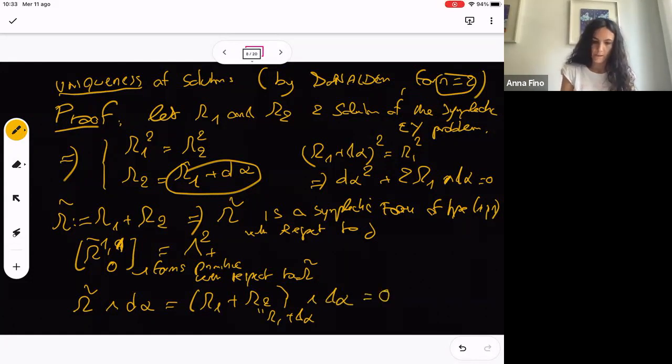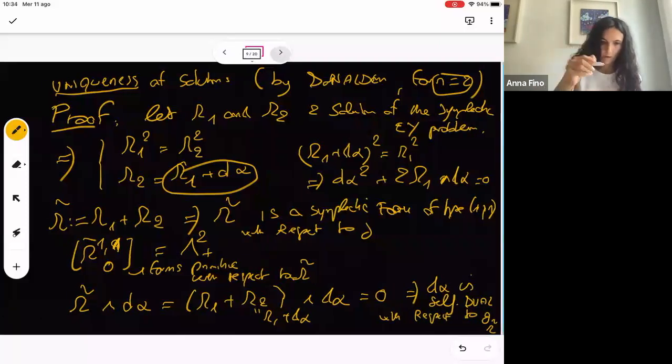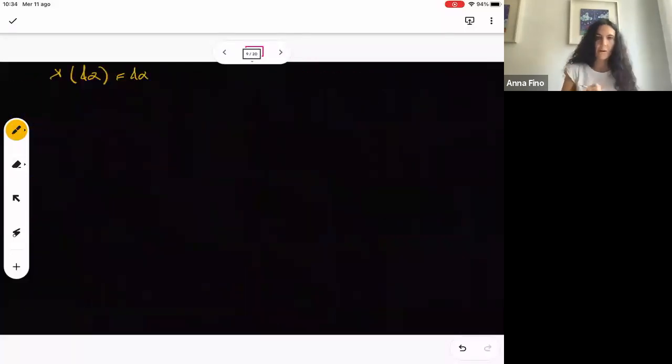So d alpha is primitive, and that means d alpha is self-dual with respect to the metric induced by omega tilde and J, which I denote by g omega tilde. That means the Hodge star of d alpha is equal to d alpha, where star is the Hodge star of the metric that I denoted before.